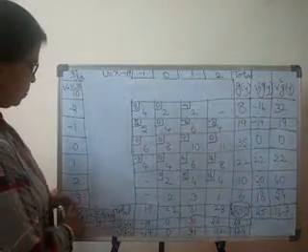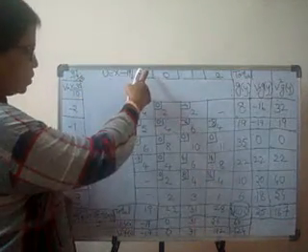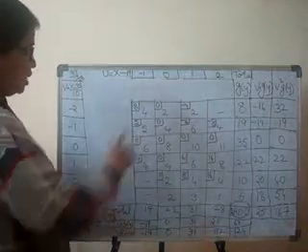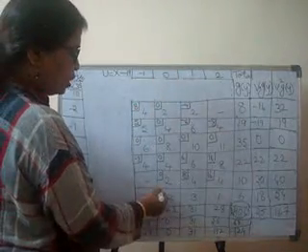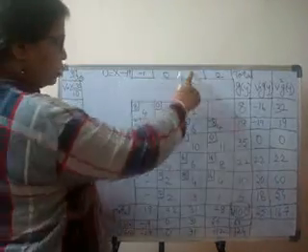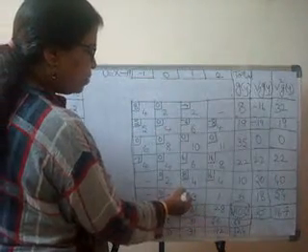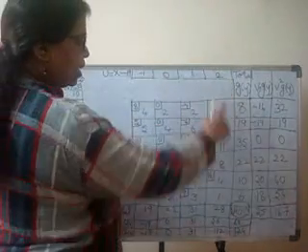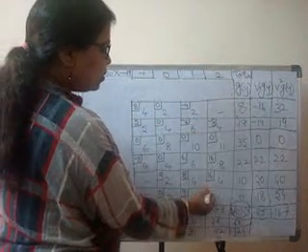Next, 3. 3 into minus 1 and there is no value, no. 3 into 0 is 0, 0 into 0 would be 0. 3 into 1, 3, 3 into 3, 9. 3 into 2, 6, 6 into 1 is 6.